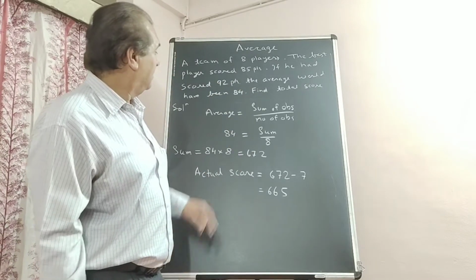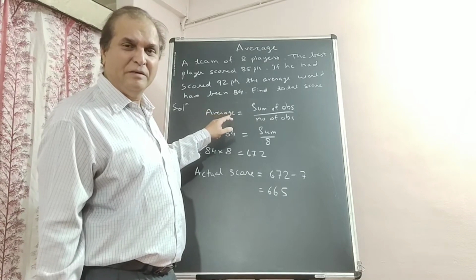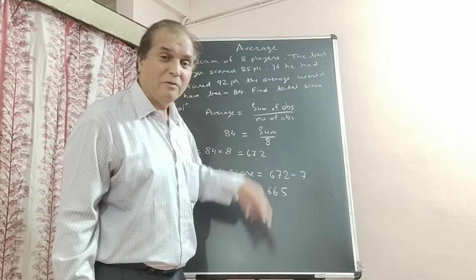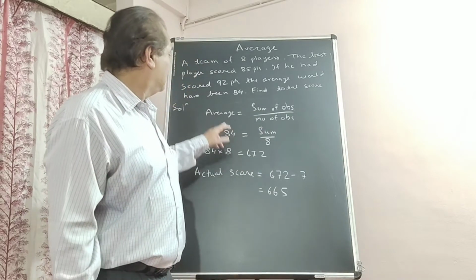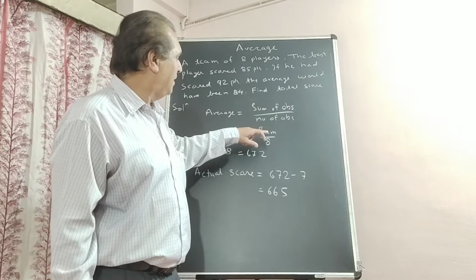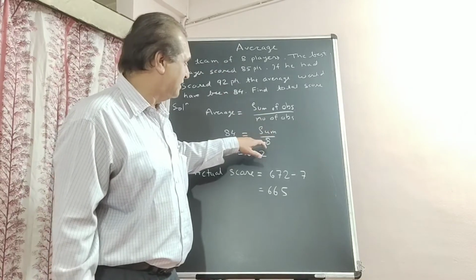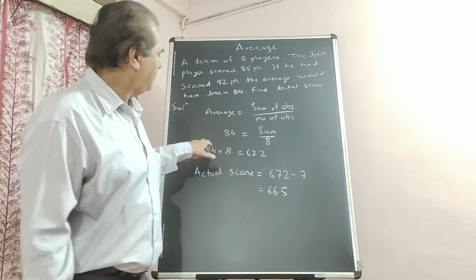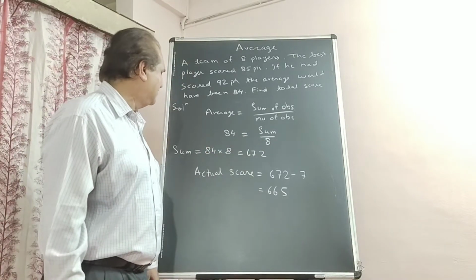Average formula: sum of observations upon number of observations. So average 84 equals sum upon total players 8. So 84 into 8 comes to 672.